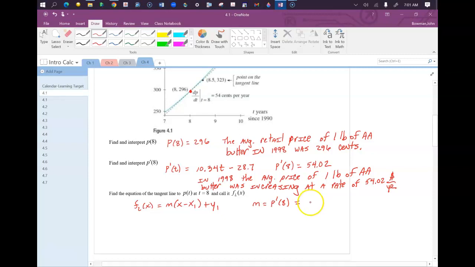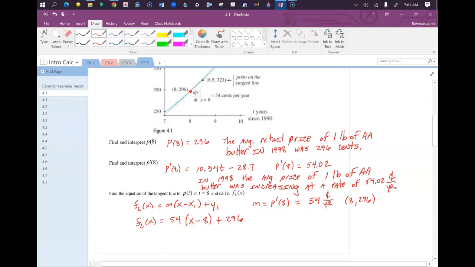P prime of 8, we're going to round off to 54 cents per year. Sorry, I noticed I made a mistake earlier. That would be 54 cents per year in the derivative. 54 cents per year is our slope. And the point from the P of 8 is (8, 296). So FL of x is equal to 54 times x minus 8 plus 296.